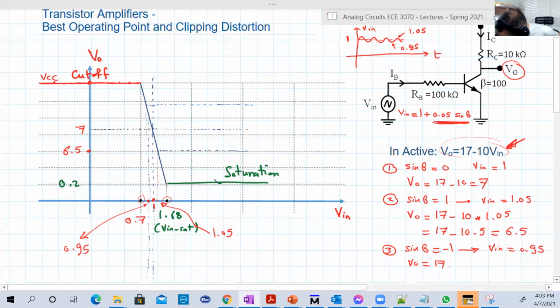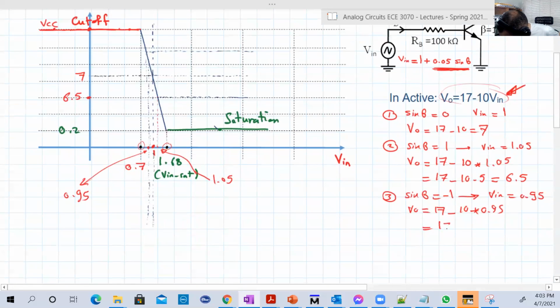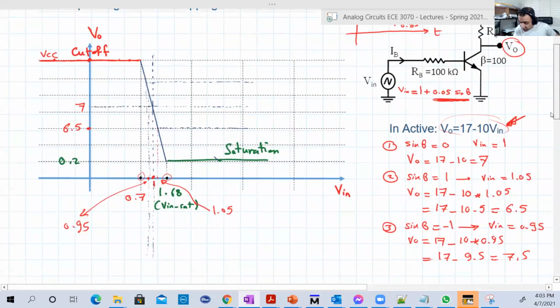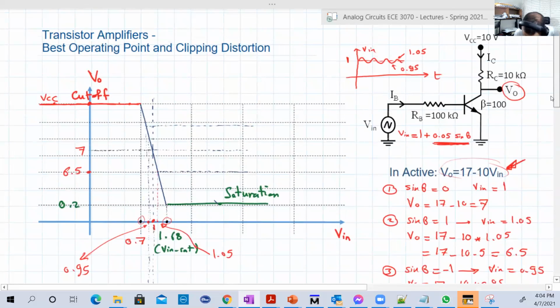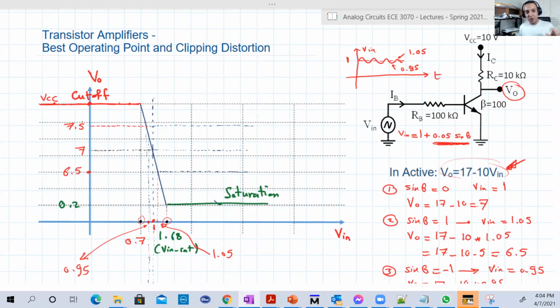So it is basically 17 minus 9.5. It's 7.5. So V out is equal to 7.5 when V input is equal to 0.95. So let's say it's in here, that point, 7.5.